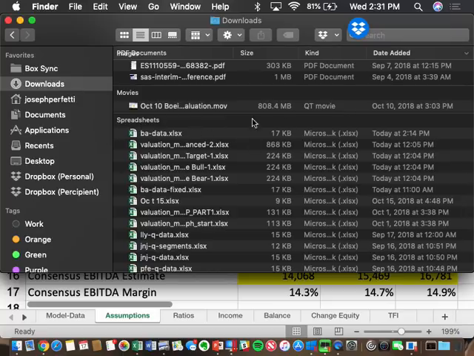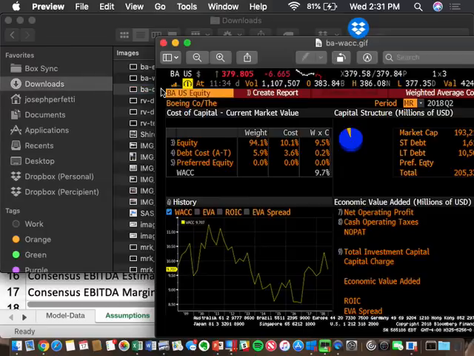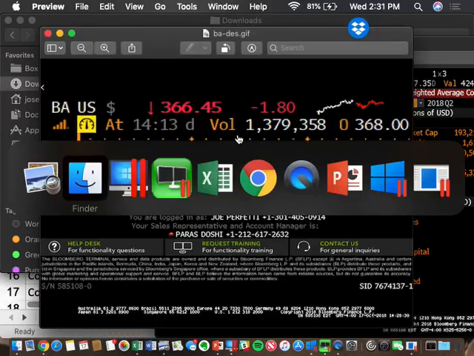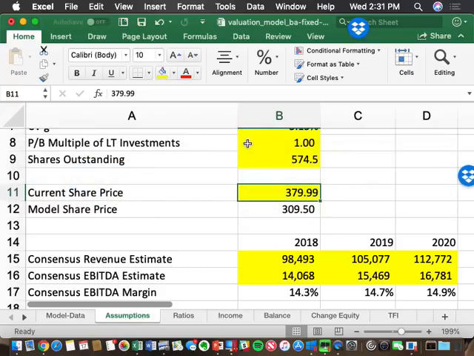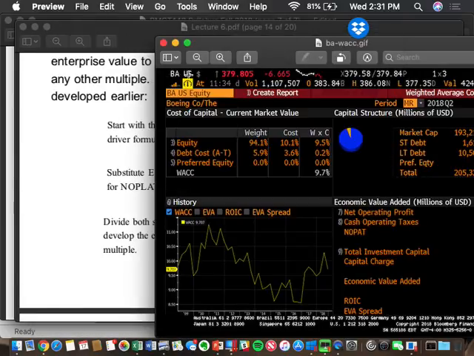Downloads. $366.45. That's the price a few minutes ago. So to do my as is, I need to be closer to $309.50. All right, let's just do a quick check. I didn't do this in the last class, but to make sure that the EEO hasn't changed as well.